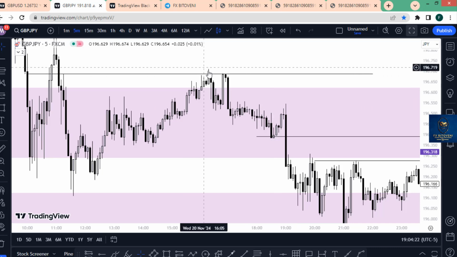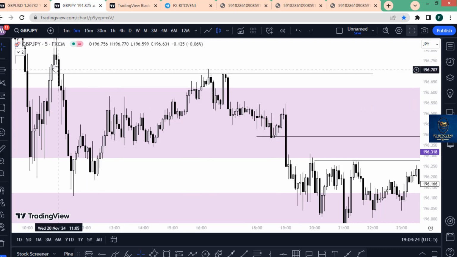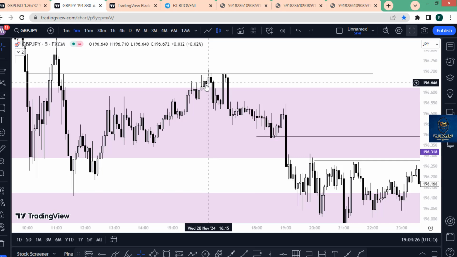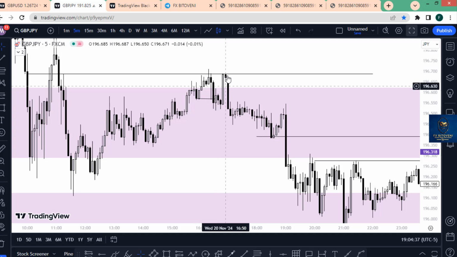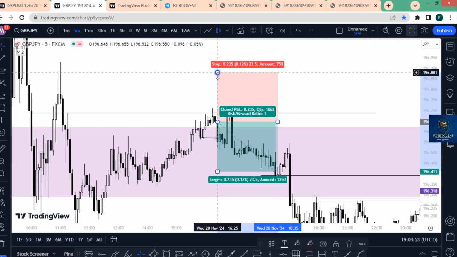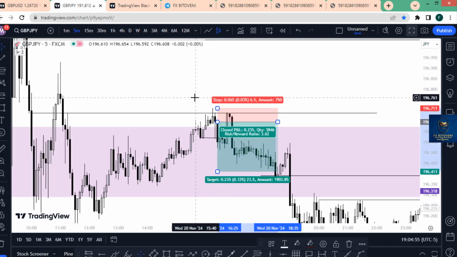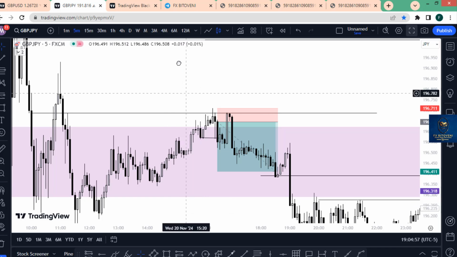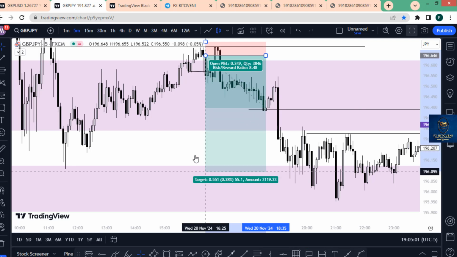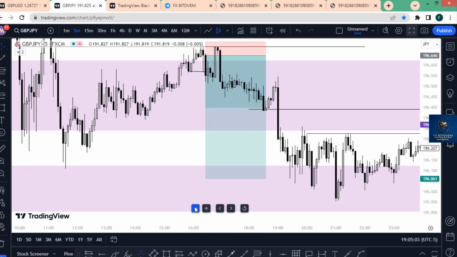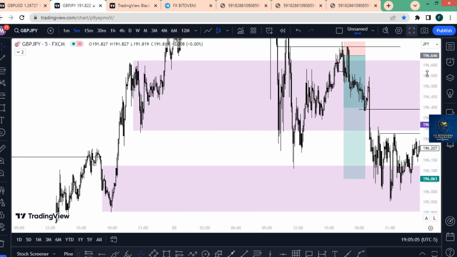However, if you check on the top, after grabbing liquidity, a clear breakout structure was created. So a good opportunity. We are here on top. Breakout structure was created. You can open sell order on this setup that was formed here, and you still move on to the downside.